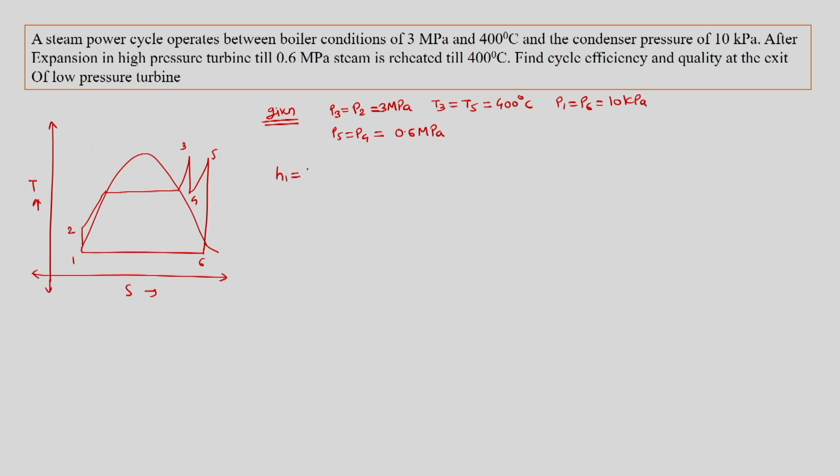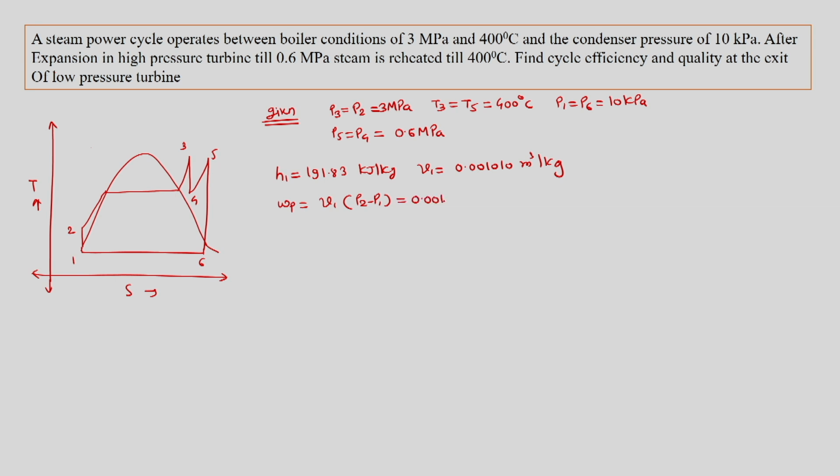H1 can be known corresponding to 10 kilopascal, which is 191.83 kilojoule per kg. V1 is known as 0.001010 meter cube per kg, and then we can find out pump work, which is V1 into P2 minus P1.